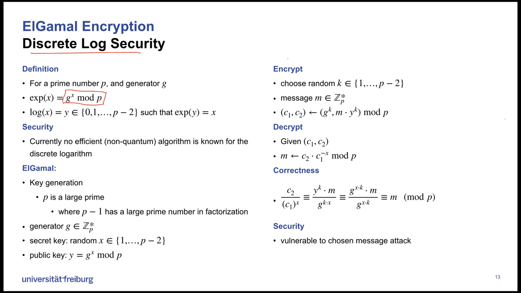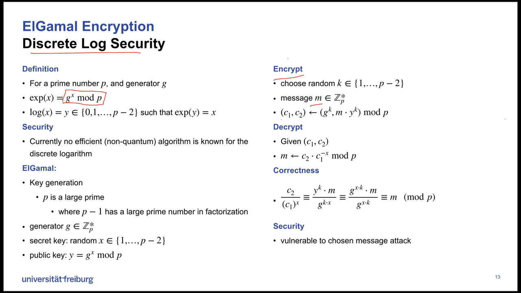We use that by taking one message for the encryption and producing two messages, so we get an overhead of factor 2 for the encryption.